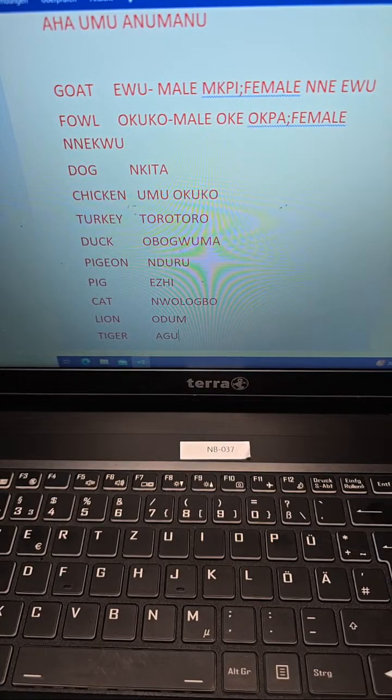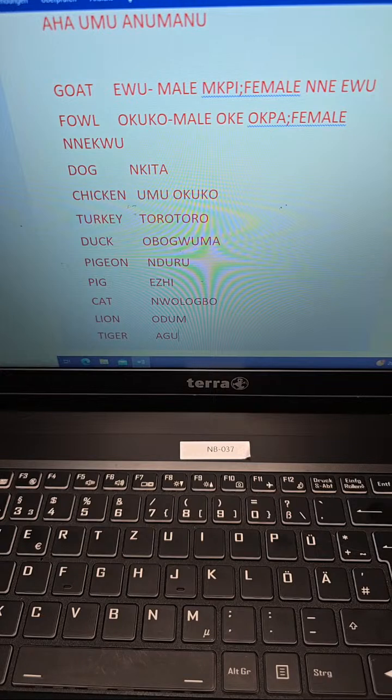Then we also have fowl, which is called okuko in Igbo language. Okuko has male okuko and female okuko.